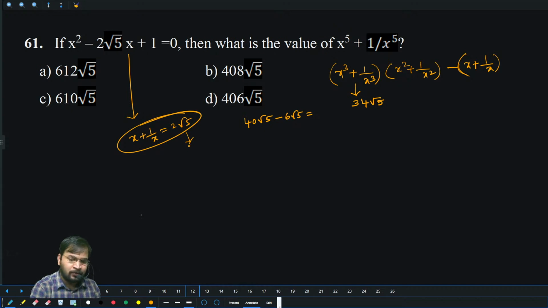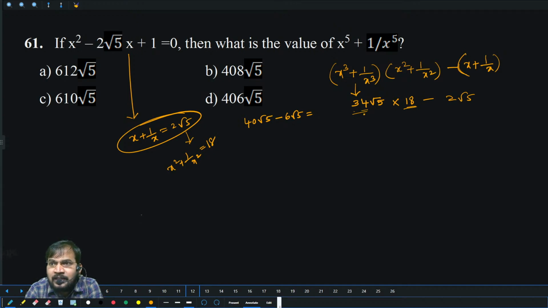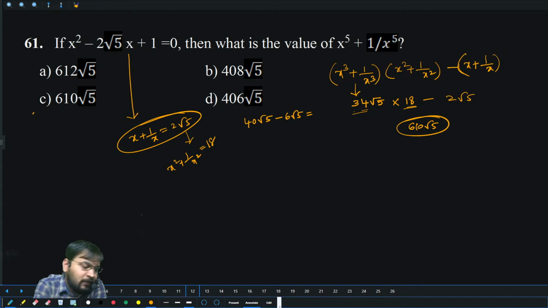Squaring both sides, x square plus 1/x square is 4 into 5, 20, minus 2, 18. 34 times 18: 30 times 18 is 540, 4 times 18 is 72, so the answer is 610 root 5.